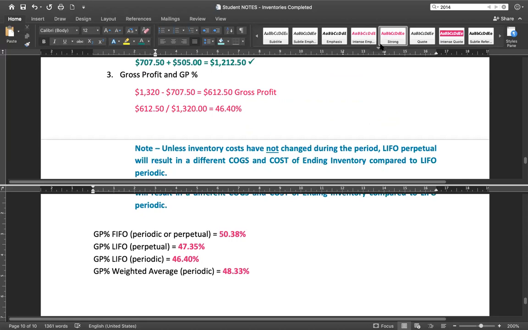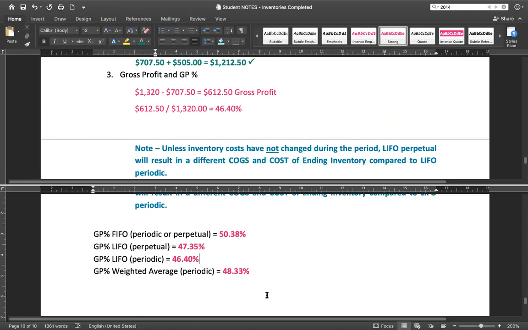Now, please note, these are the same units, but there are different ways of costing them, and therefore, this will help us come up with different amounts of gross profit, different amounts of net income, different amounts of gross profit percent. And then carrying that through as well, it will mean a difference in the net income percent or the profit margin.